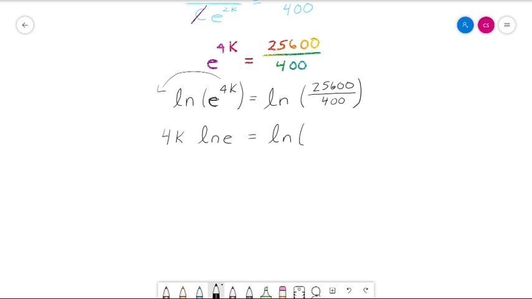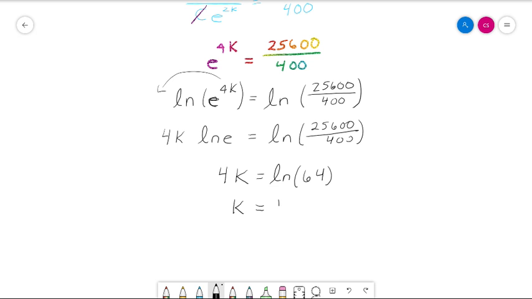So that is going to go away. All right. And then, like I said, we can clean some things up. That's going to go to 1. If you do that in your calculator, that's just going to be 64. Isn't that nice?